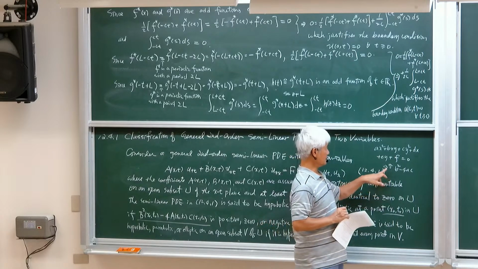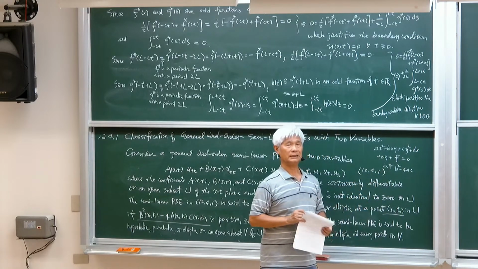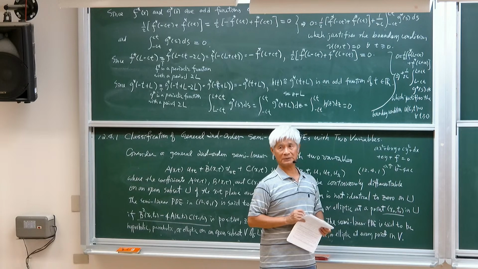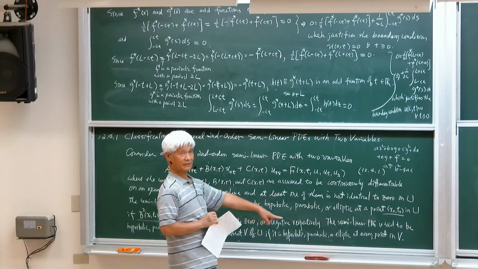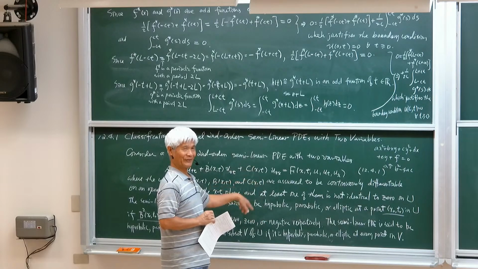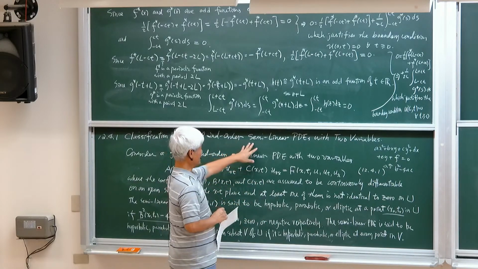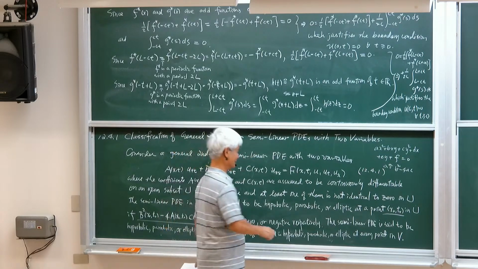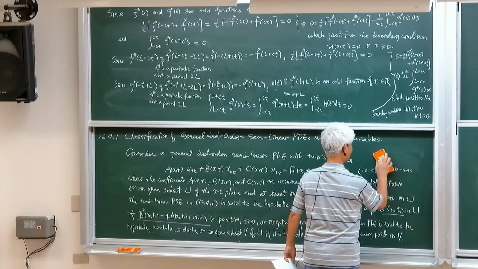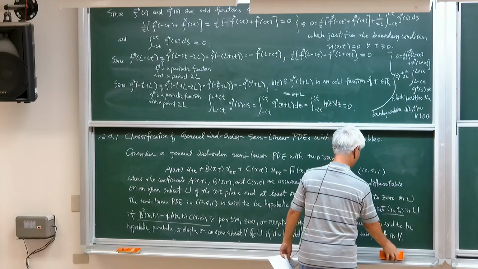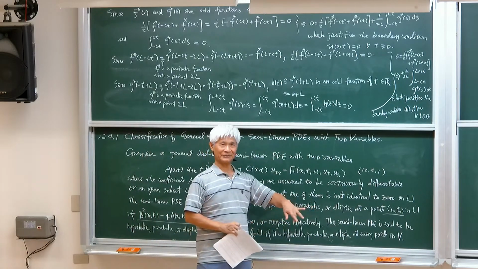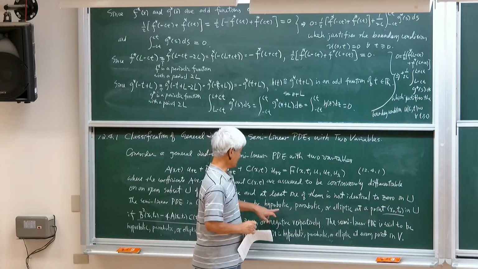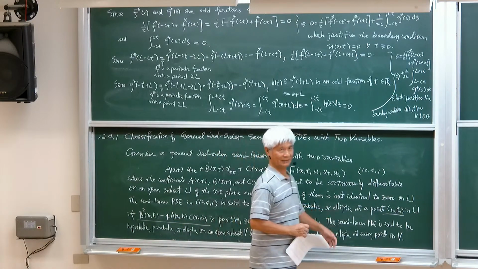And if the delta is negative, you get an ellipse, right? So that's why we have the similar names here for the second order semi-linear PDEs. So this is kind of a history where people named the three classes: hyperbolic, parabolic, and elliptic.